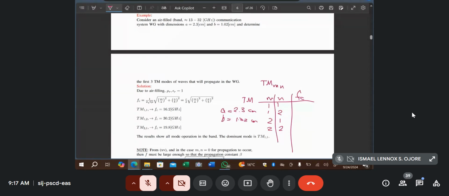So what about TM22? Though we will ask for 3, just do the 22. 32.2. 32.2.